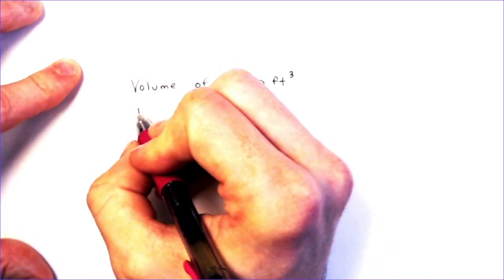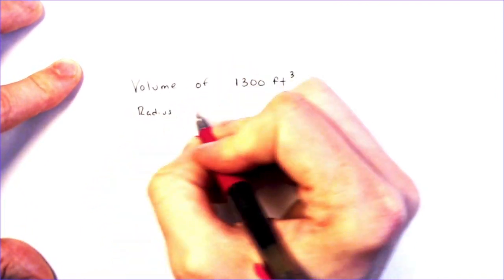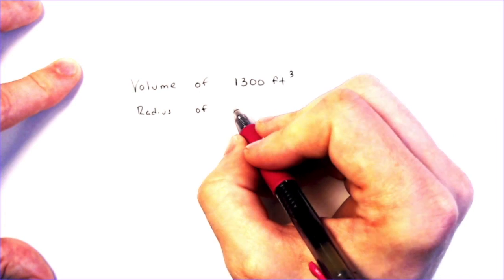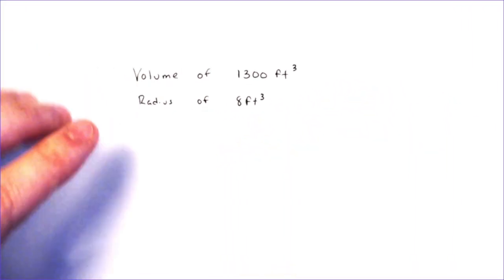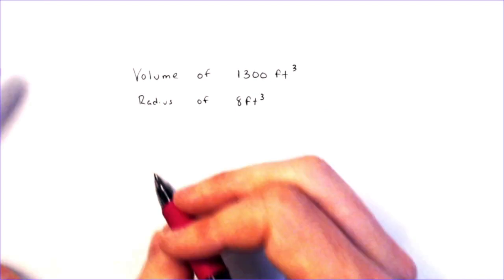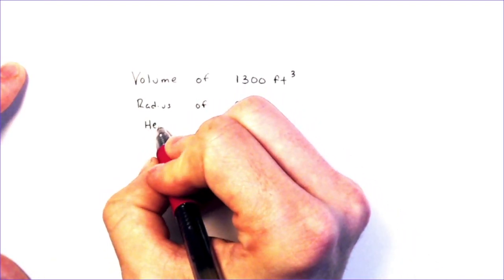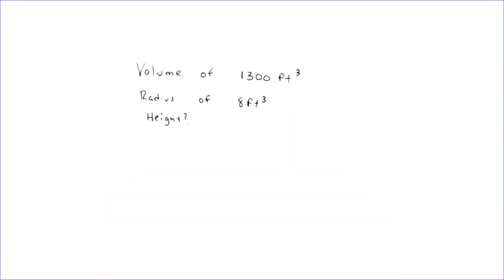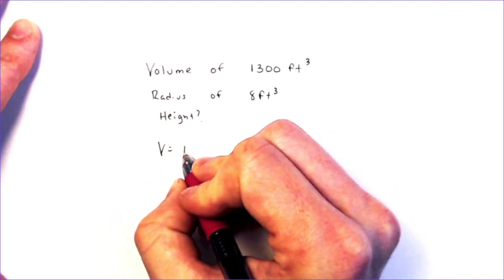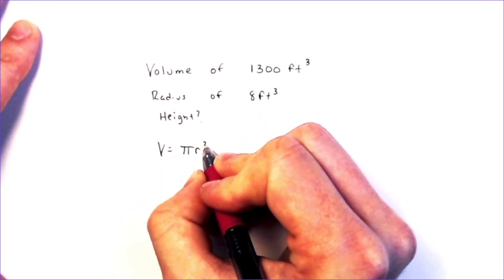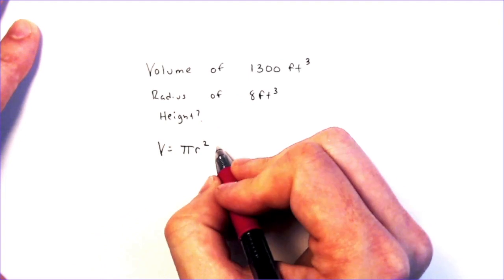And imagine it had a radius of 8 feet. If we wanted to find the height, we could. I could have asked us to find the radius, or I could have asked us to find the height given this situation. And in order to do that, we are just going to use the volume formula that we just learned. Volume equals pi r squared, area of a circle, times the height.